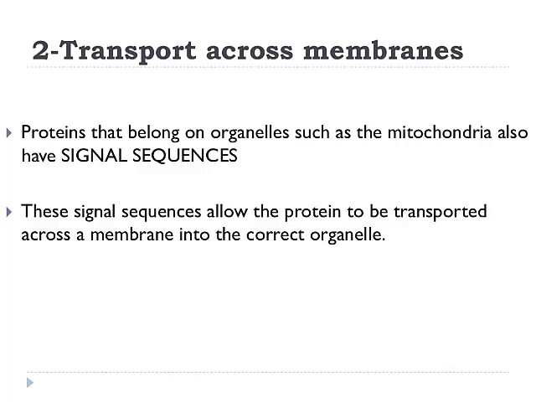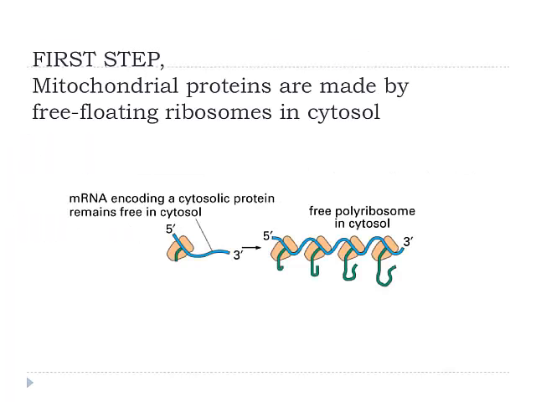They'll be synthesized, so the translation event will occur in the cytosol, but they won't remain in the cytosol after they're folded because of their signal sequences. And there are, again, receptor proteins that bind the signal sequence and move that protein to the site of a mitochondrion within the cell.